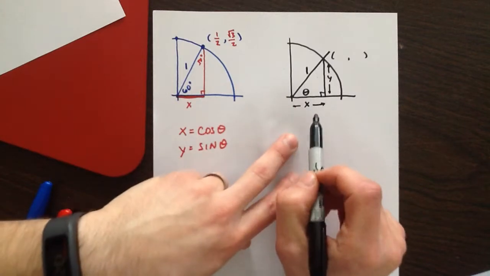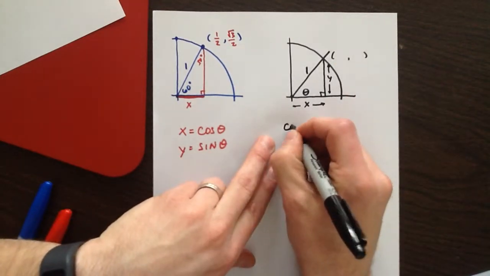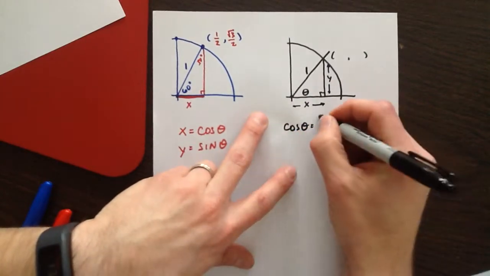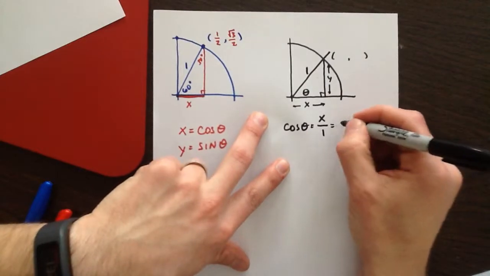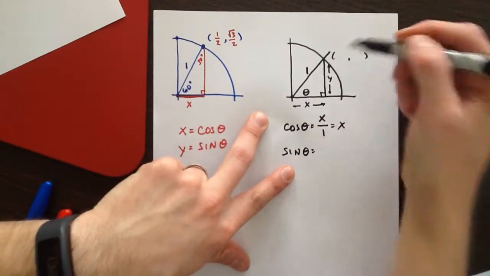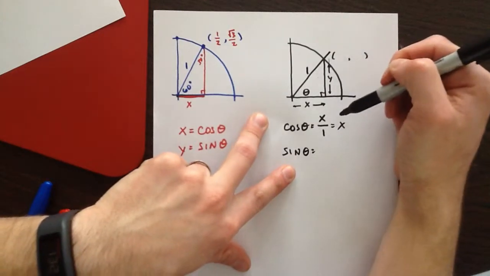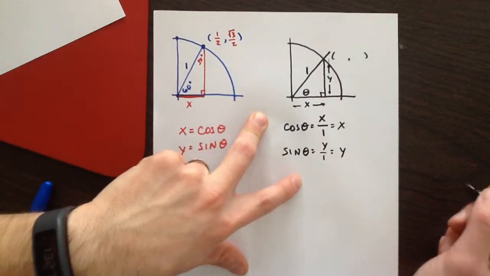That's adjacent. We've got adjacent, we've got hypotenuse. Cosine of the angle is adjacent over hypotenuse, is x over 1, which is just x. Sine of an angle, there's our opposite side. It's always the y. Sine is y over 1. It's always just y.